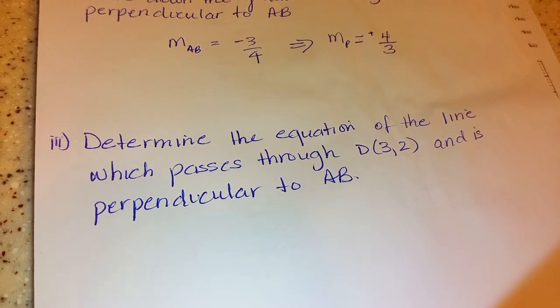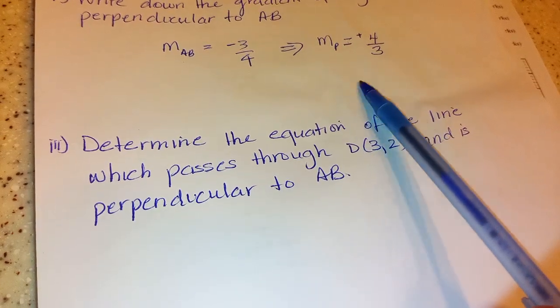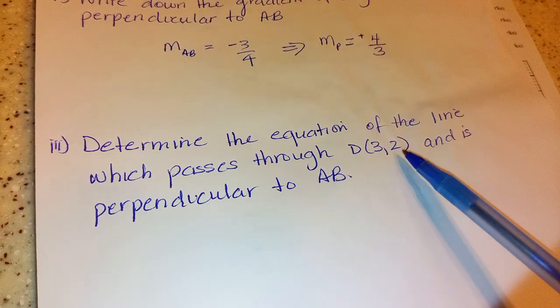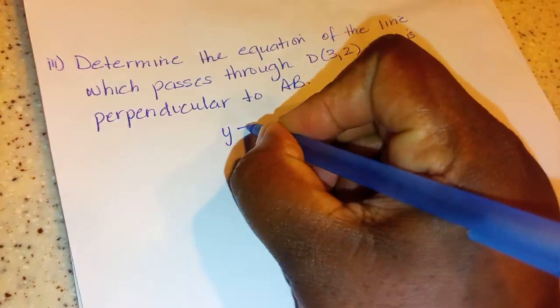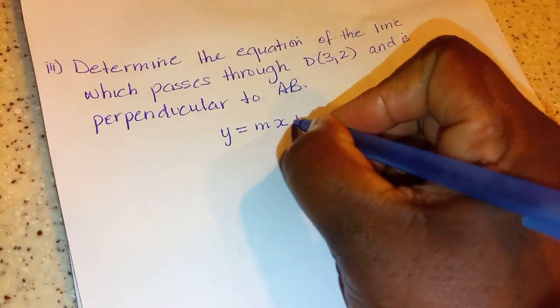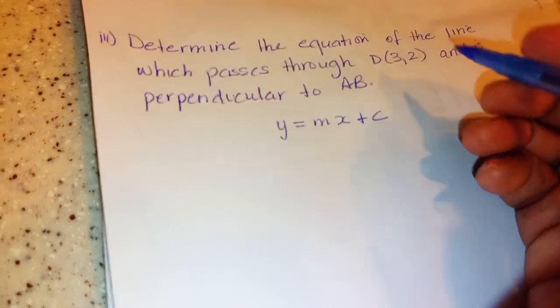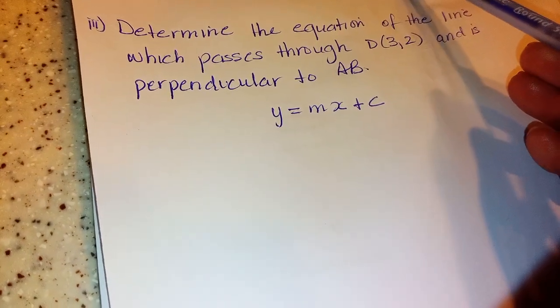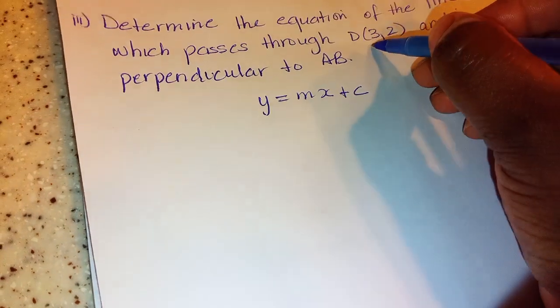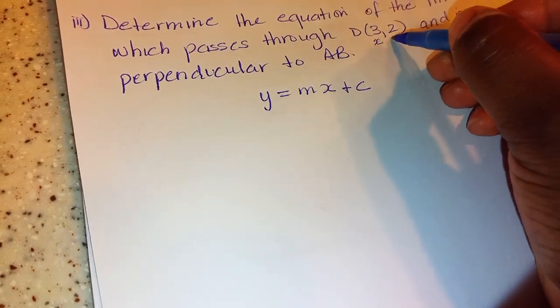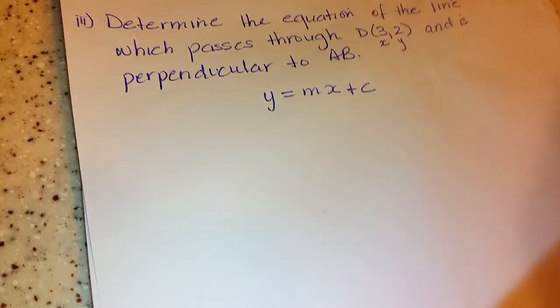What we do need is this gradient of the perpendicular line and our point D. So we're going to use y is equal to mx plus c. Into this, we are going to insert our m, which is 4 over 3. We're going to insert the coordinates from D. The 3 would be x and the 2 would be y.